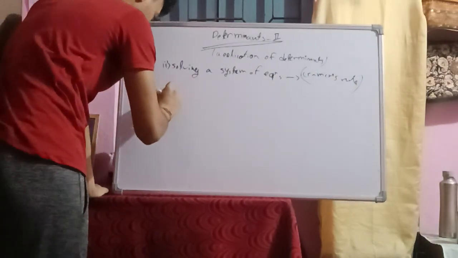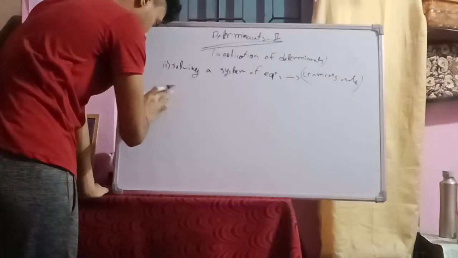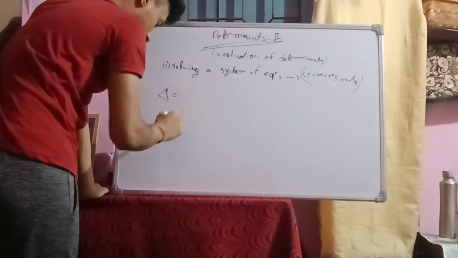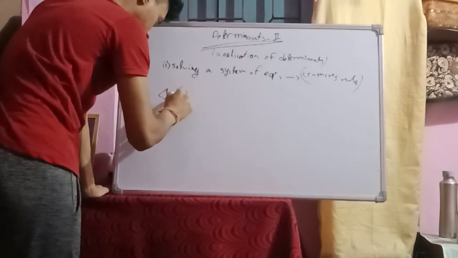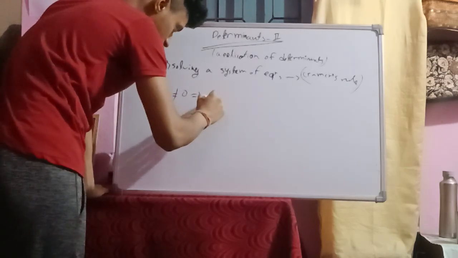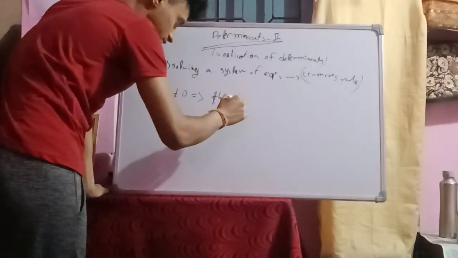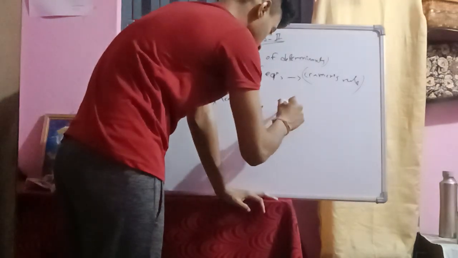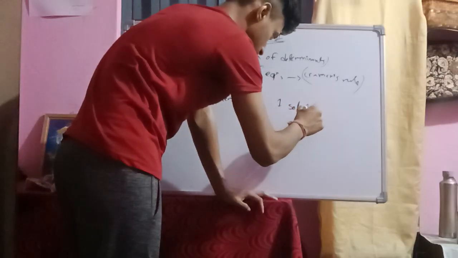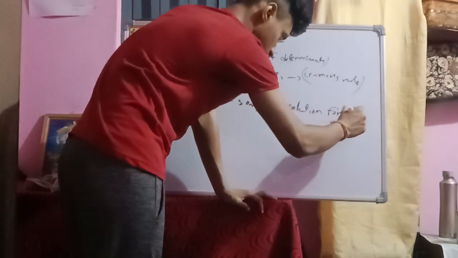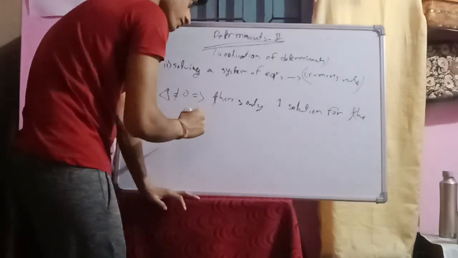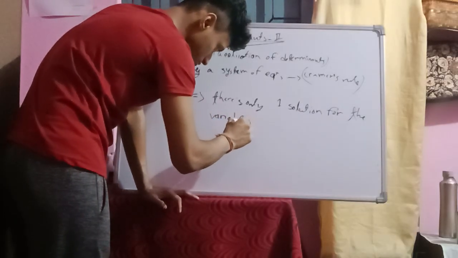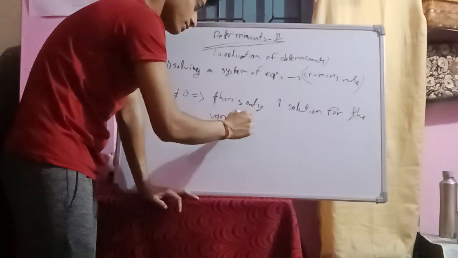If delta does not equal 0, this means there's only one solution for the variables.